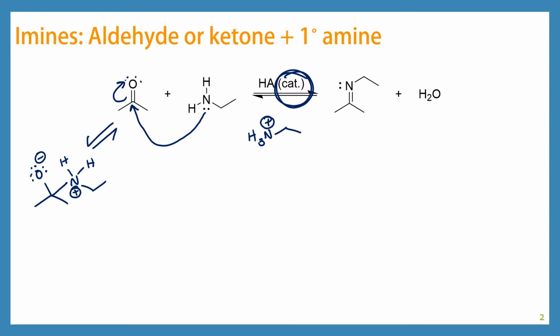What is much more likely to occur is that the oxygen gets protonated either by the acid that's in the reaction mixture or by the ammonium that you've created. So we're going to show that in a stepwise manner. We're going to take a proton away from that ammonium.